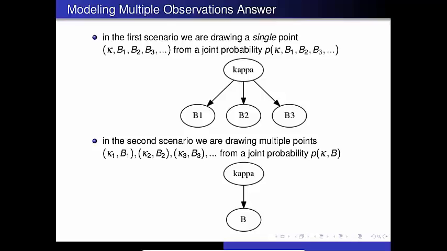Well, another way of saying that is it looks less complicated means it is more conditionally independent than the top one. So here, these base calls are connected to each other through kappa. Down here, if we draw multiple base calls, they're each coming from a different kappa. They're not connected to anything that's in this picture.